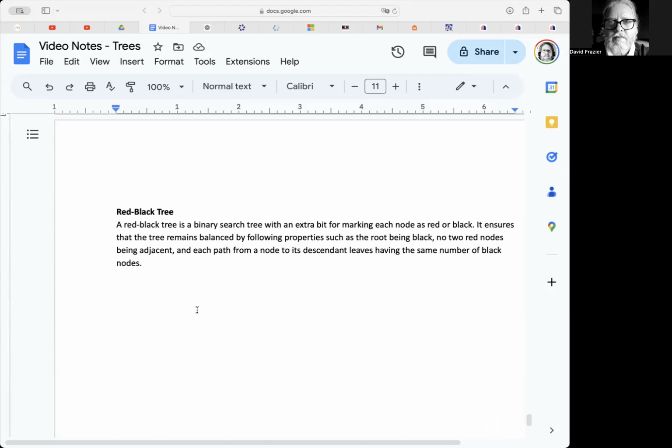And then the last one that we often talk about but don't do much with are red-black trees. A red-black tree is a binary search tree, but it has an extra bit that it stores in the node that will mark each node as either red or black. And then there are ways to determine how to make it red, how to make it black, and different rules that you have, such as the root has to be black, and there are no two red nodes adjacent, and all that stuff.